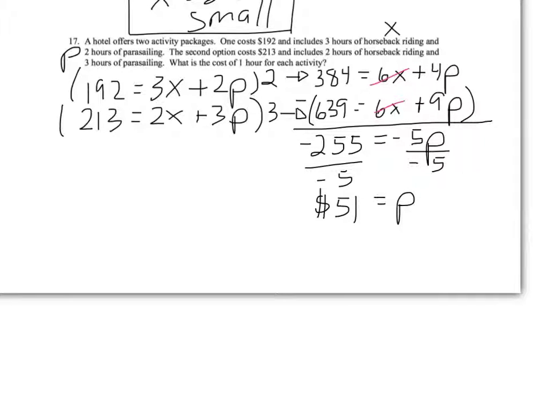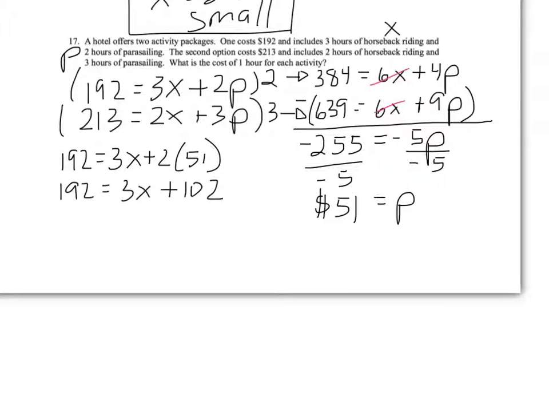We then plug 51 in for p. Go ahead and use the first equation. 192 equals 3x plus 2 times 51, and we solve it. So then I'll subtract 102 from both sides. 3x equals 90, or the cost of the horseback riding is $30.